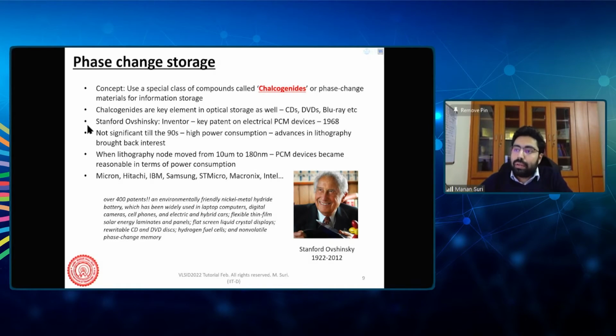But the postulates or the concepts that he came around as early as that time were quite useful, but they could not be put into practice pretty much till the early 90s, because essentially what was limiting from the concept stage to a technology realization stage was the state of lithography or the state of semiconductor fabrication.